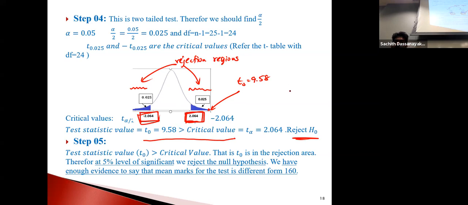Since this is two-tail, it is t greater than the positive critical value or less than the negative critical value, negative t alpha over 2.